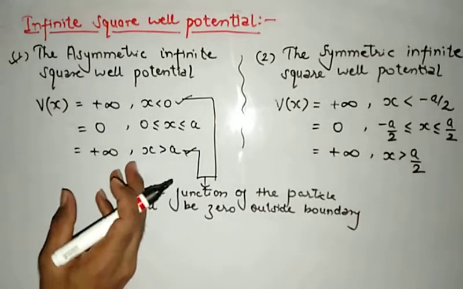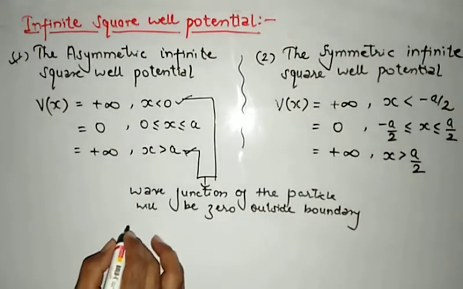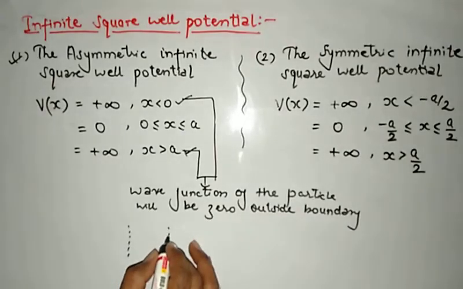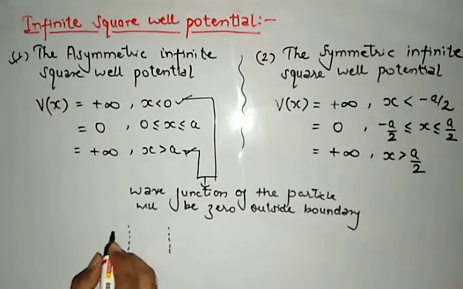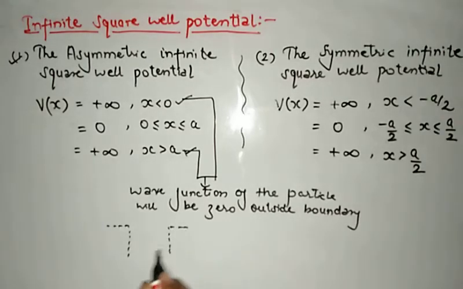You can imagine the diagram of this also. This is the infinite square well potential on the x-axis, so that the particle will be confined to only this region.